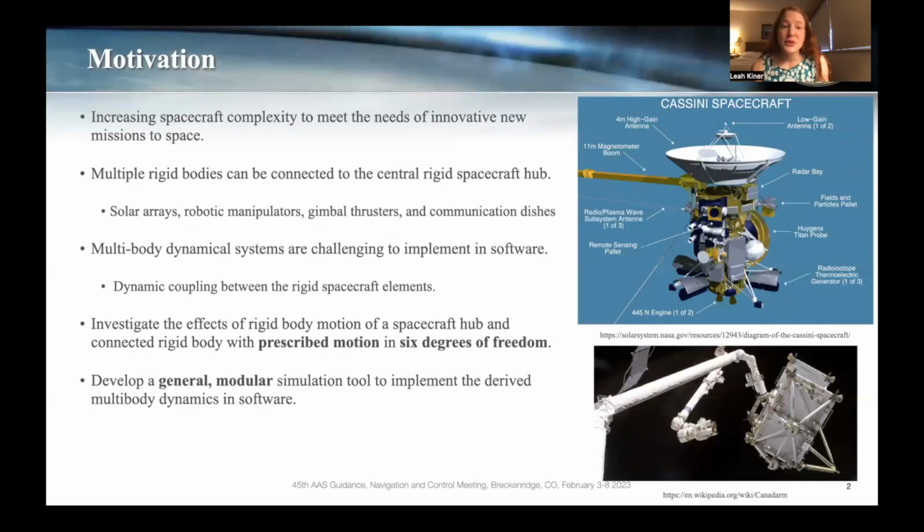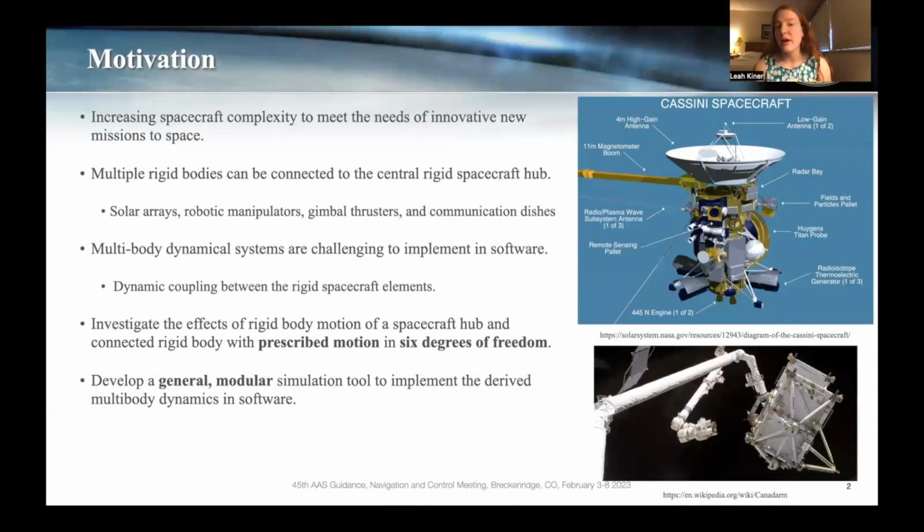system. So the main goal of this work is first to investigate the effects of the motion between a rigid spacecraft hub and a connected secondary rigid body. And this rigid body is unique in that its motion is prescribed.